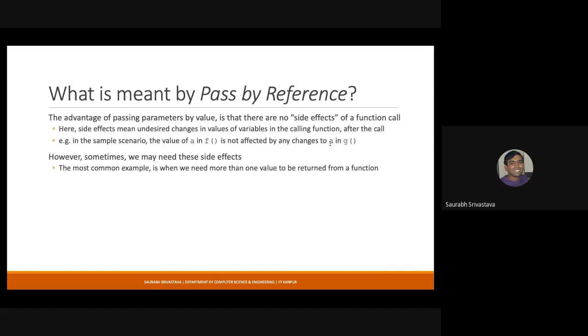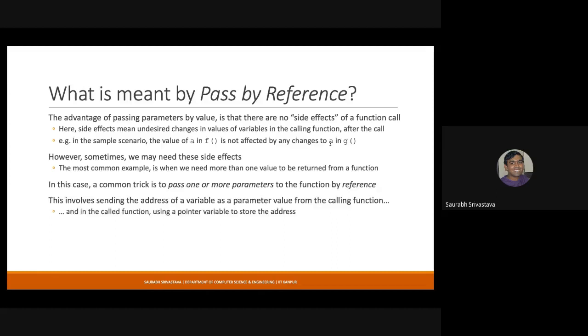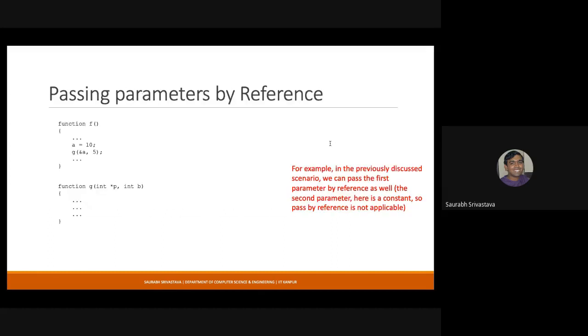But sometimes we actually want the side effects to take place, and that is done by passing the parameters by reference. In reference, you basically pass the address of that particular variable, and the formal parameter is a pointer variable. It is not a normal variable, but a pointer variable.